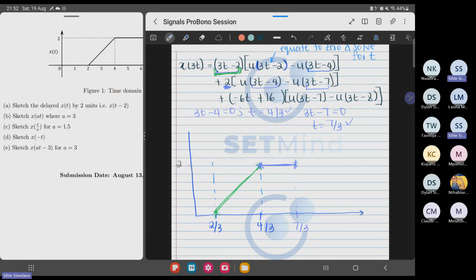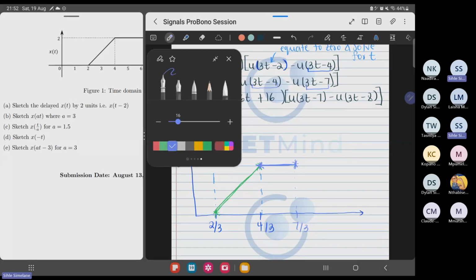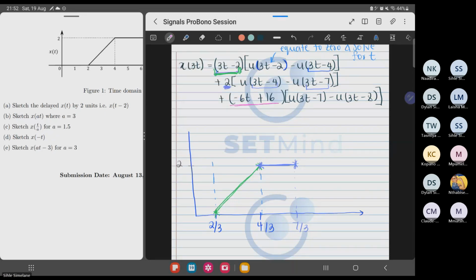And then now we go for the last part. What I said to you is, let's quickly look at where our function starts being bounded. So 3t minus 7 is 0, so we have 7 over 3 as the first t, which is that point we already have.